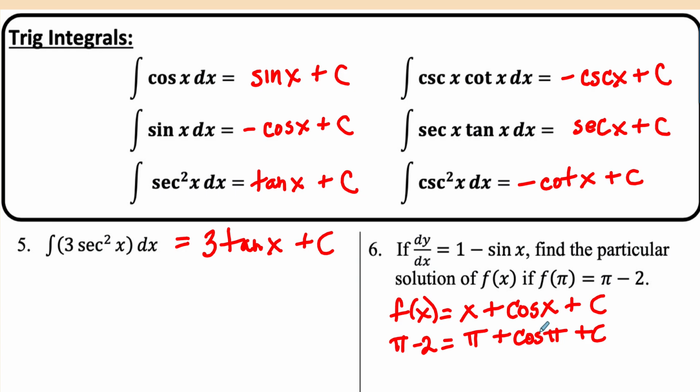Now remember, cosine of pi is negative 1, so the pi's are going to go away, and this is a negative 1, so adding 1 to both sides, c is going to be negative 1. So f of x will be equal to x plus cosine x minus 1, and that will be the particular solution.